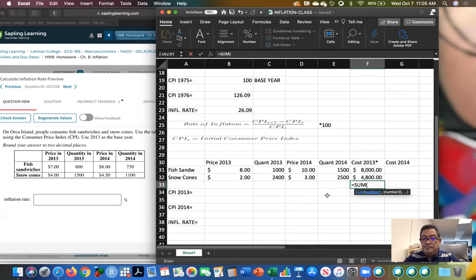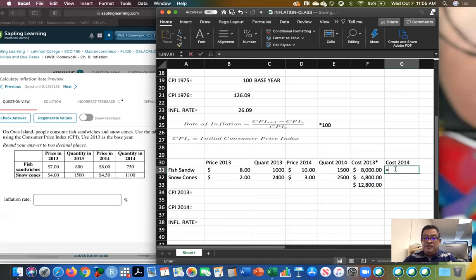So I'm asking Excel to add these 2 numbers. I can ask for more numbers. I just have to highlight the information I want to be added. So we have the first cost for the basket of commodities.